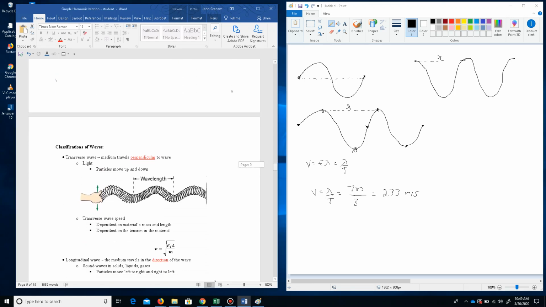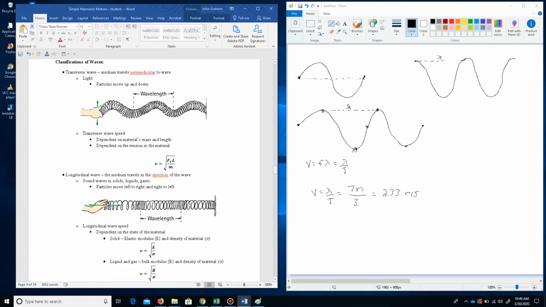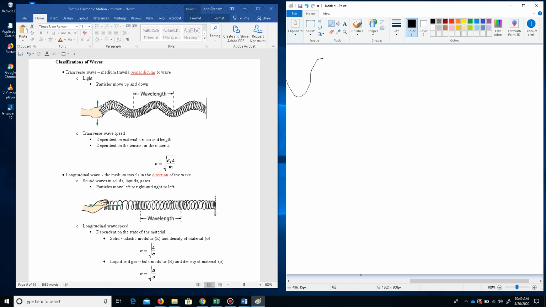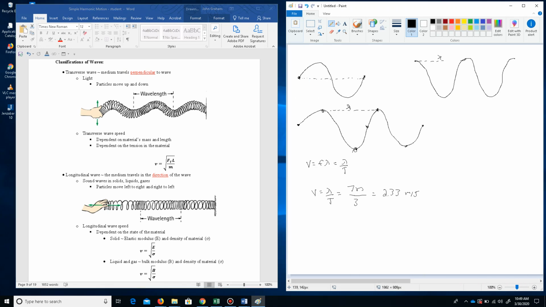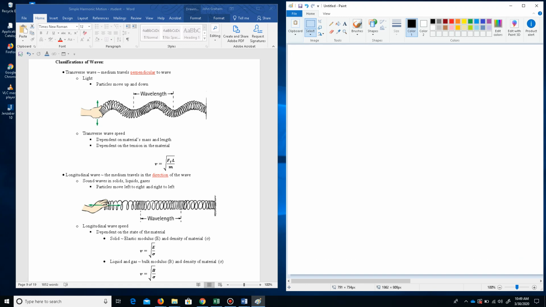Alright, so there's a couple types of waves. We have what's called transverse waves. You see these mainly in physics 2 if you take it. A transverse wave is something like light, and it's pretty much a movement up and down.